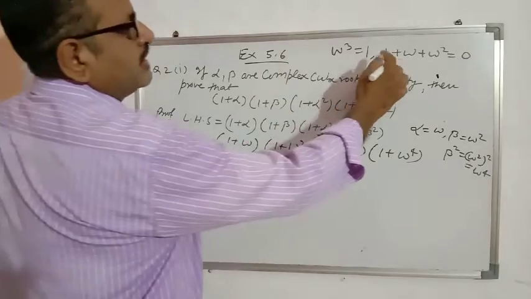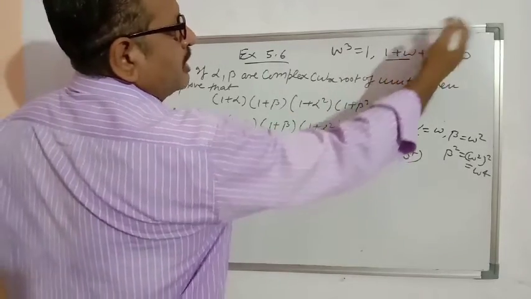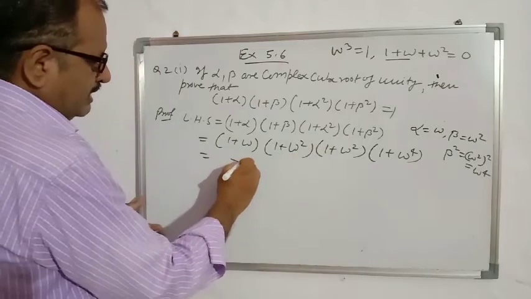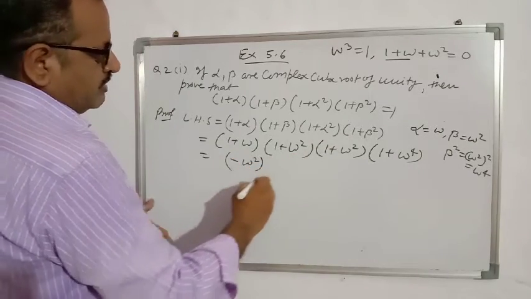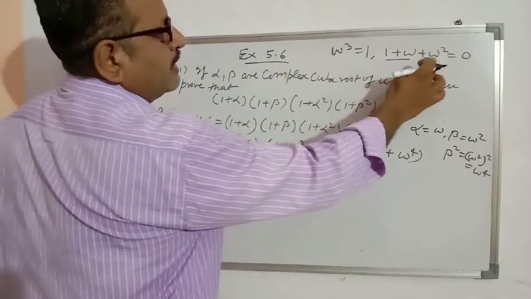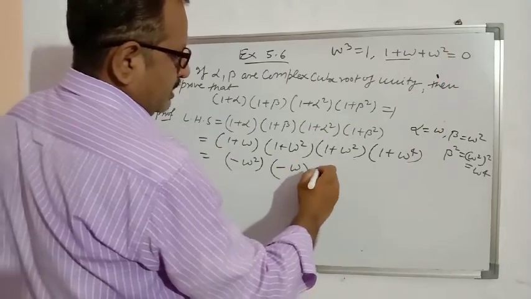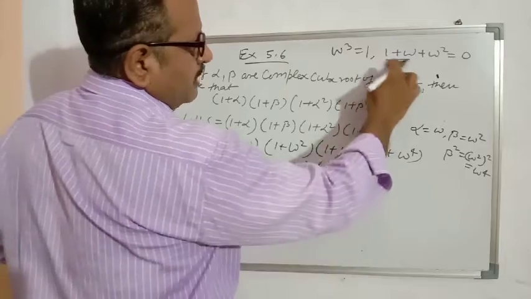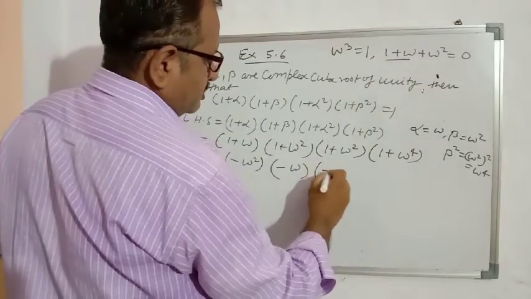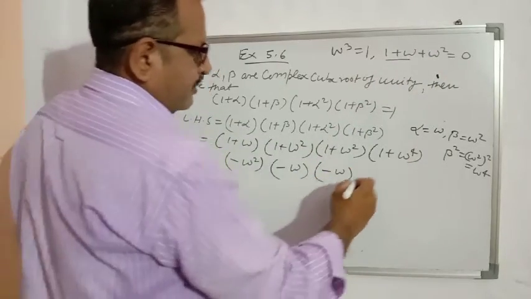From this result, what will be 1 plus omega? Transpose: minus omega square. And what will be 1 plus omega square? Transpose: minus omega.